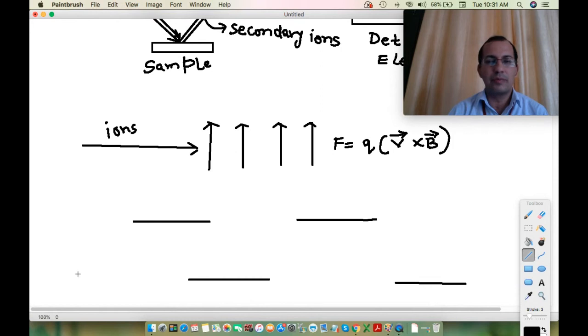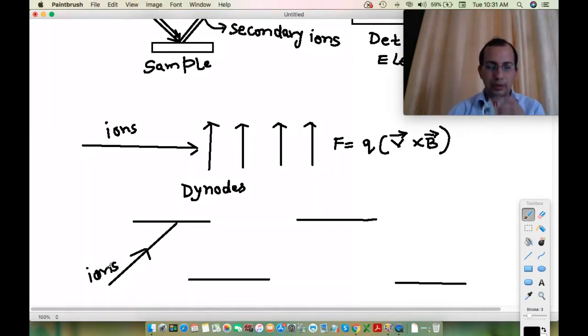So what is their function? If an incident particle or ion hits these dynodes, they will give us the required electrons.